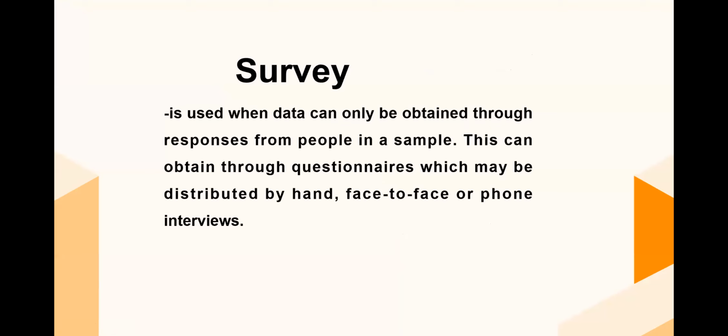Survey is used when data can only be obtained through responses from people in a sample. This can be obtained through questionnaires, which may be distributed hand by hand, face to face, or through phone interviews. I know you are very much familiar with surveys because you have already taken your Practical Research 1, which is qualitative research or quantitative research.